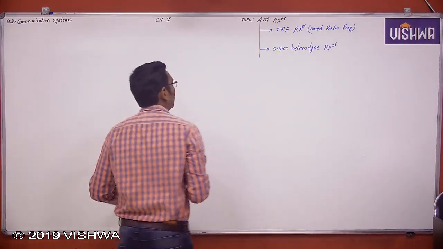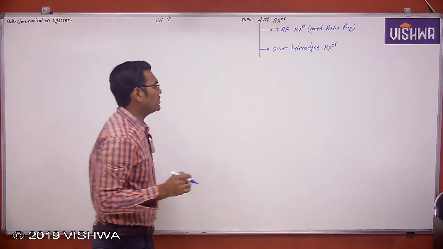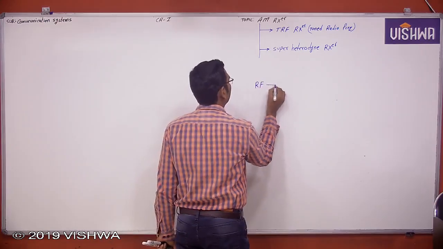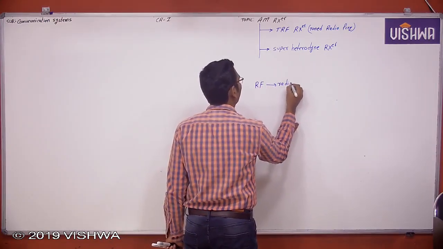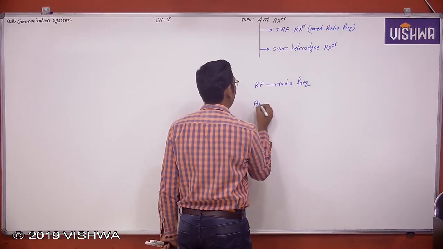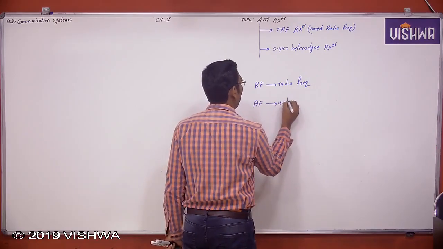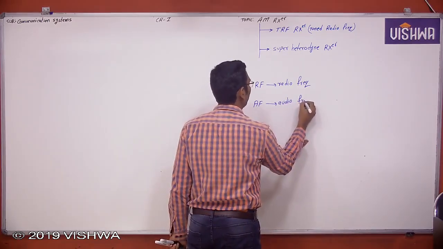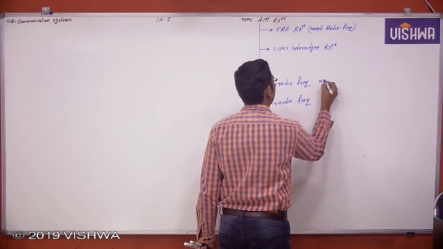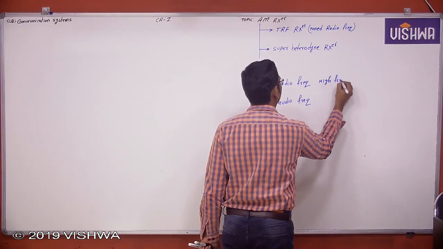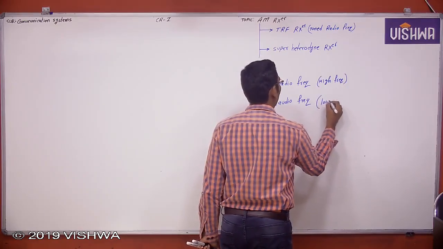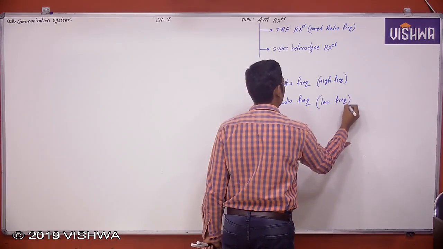First of all we want to have some terms. RF means radio frequency, which means high frequency. AF means audio frequency, which means low frequency, our actual frequency.